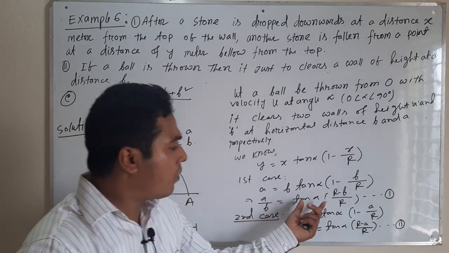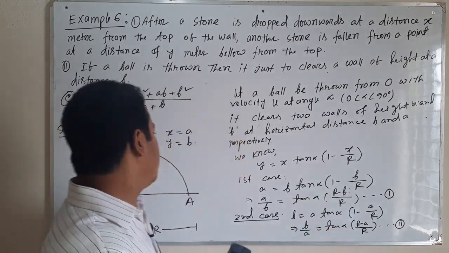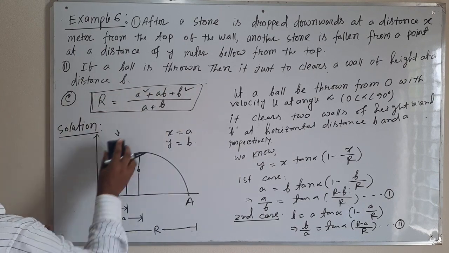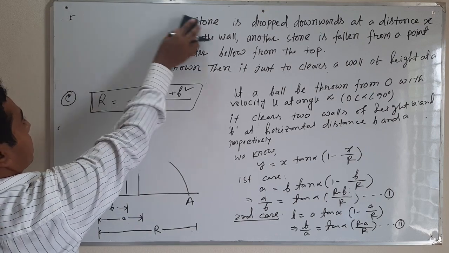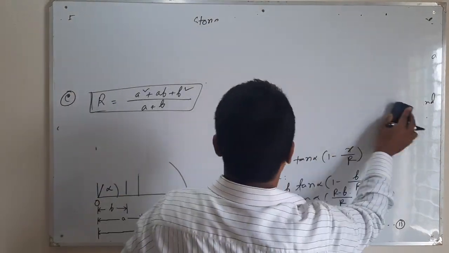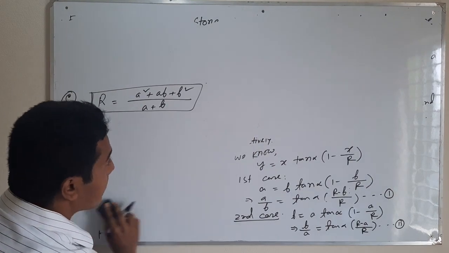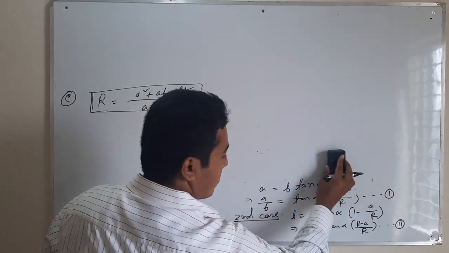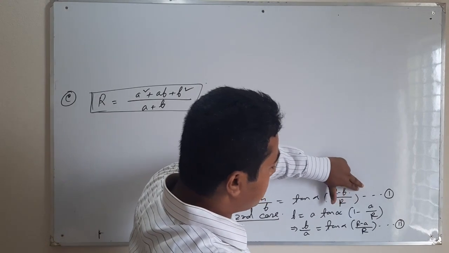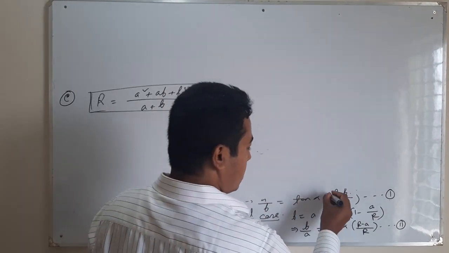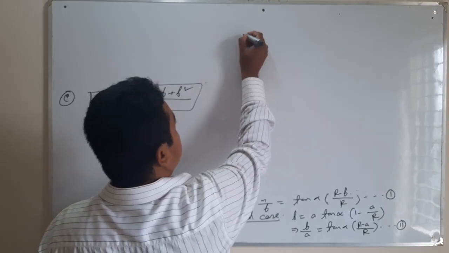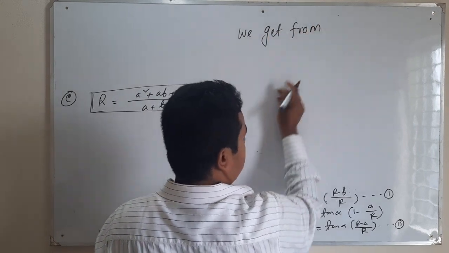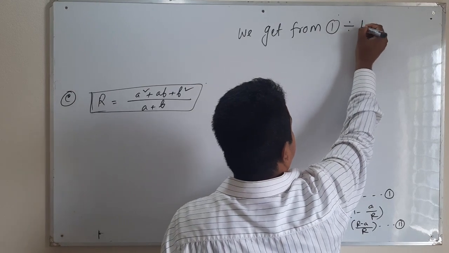Okay, now equation 1 dividing by equation 2, then we get, we have to prove this is our horizontal range for the ball.